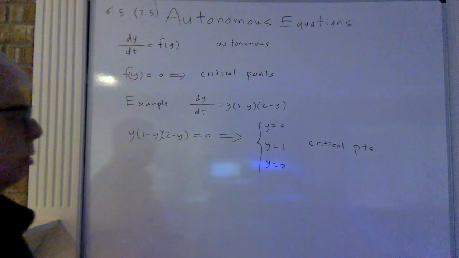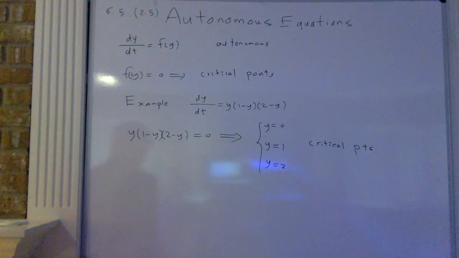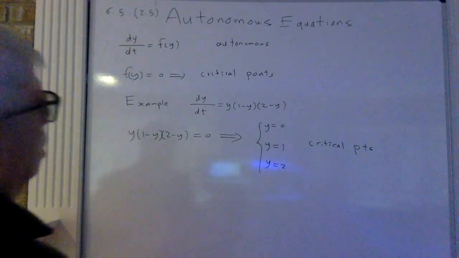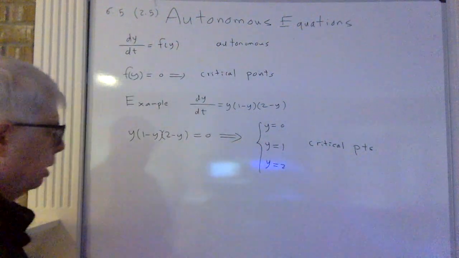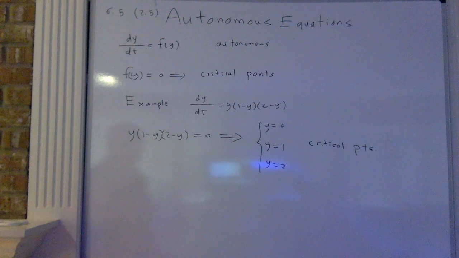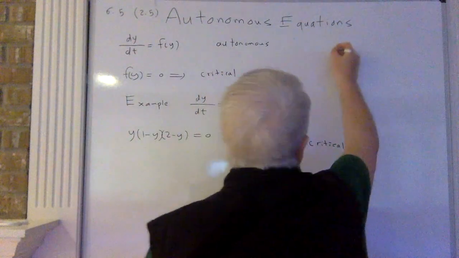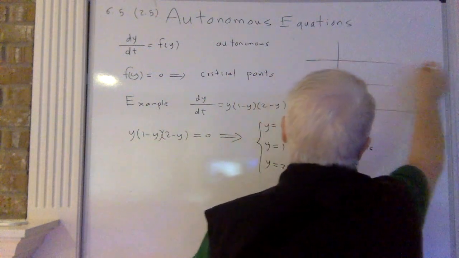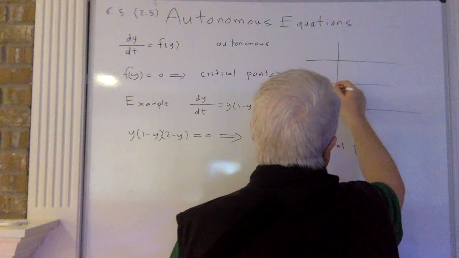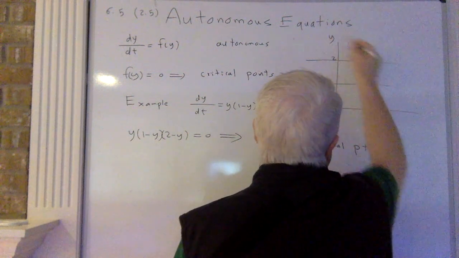What does this mean? If I start at y equals 1, if my y0 is 1, then what happens? You see, I have dy/dt equals 0 then. So let me draw these 3 lines. This is line y equals 0, y equals 1, and y equals 2, and this is time.